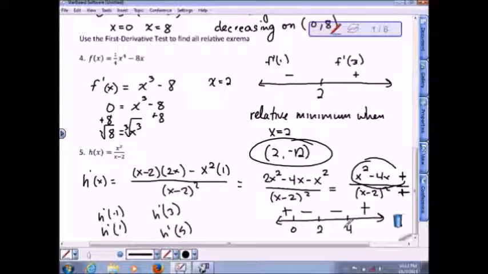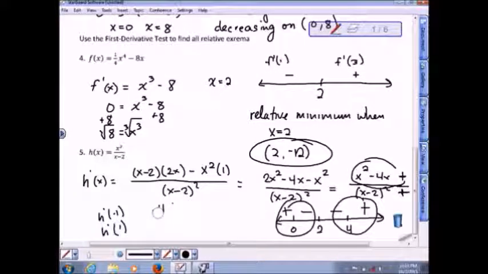So even though we have three critical values, only two of them are actually going to yield a local or relative extreme. It's when the graph changes from increasing to decreasing, such as right here, or decreasing to increasing, which is right here. So that critical value and that critical value are actually local extrema. Now, it depends on the behavior of the graph whether it's a local min or a local maximum.